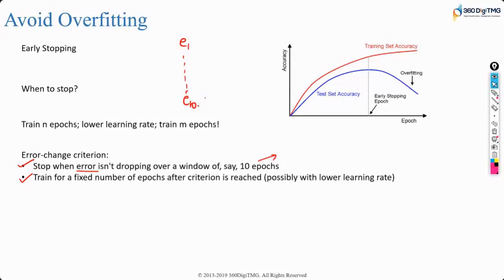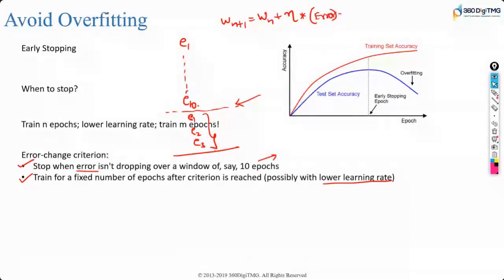Rather than doing a hard stop at this point of time, you'll say, okay, let me run 3 more epochs by reducing the learning rate. So until now, the new weight is equal to the old weight plus eta times error times input.